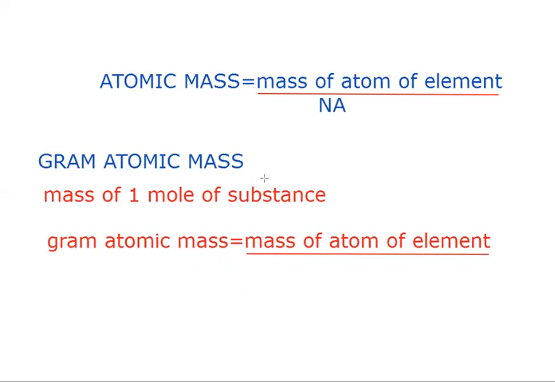As per the above formula, we have to write Na here also. And since it is considered the mass of 1 mole of substance, here we have to multiply by the value Na. So this Na will be cancelled, and the gram atomic mass overall will be defined as the mass of an atom of an element.